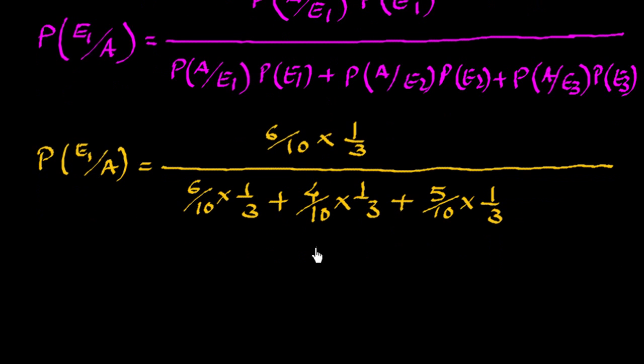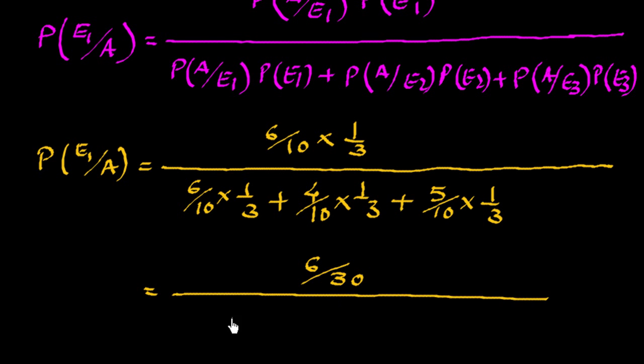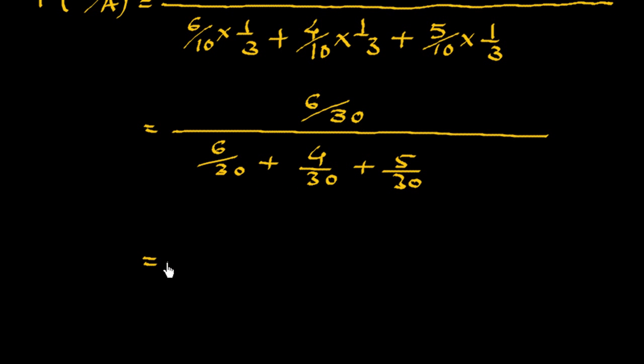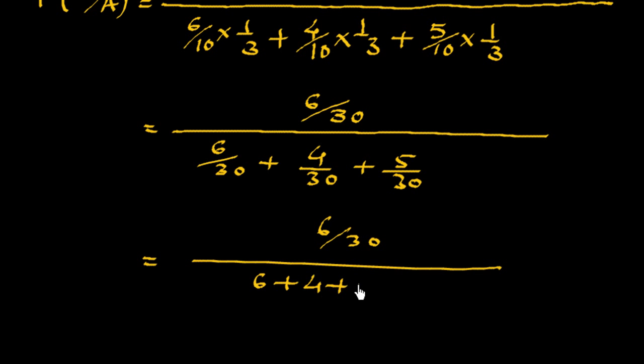Now we simplify this. It is 6 over 30. In the denominator, it is 6 over 30 plus 4 over 30 plus 5 over 30. In the denominator, we take 30 common. It is 6 over 30, and in the denominator, 6 plus 4 plus 5 over 30. 30 is common in all, so we take it common, and 30 and 30 eliminate each other.